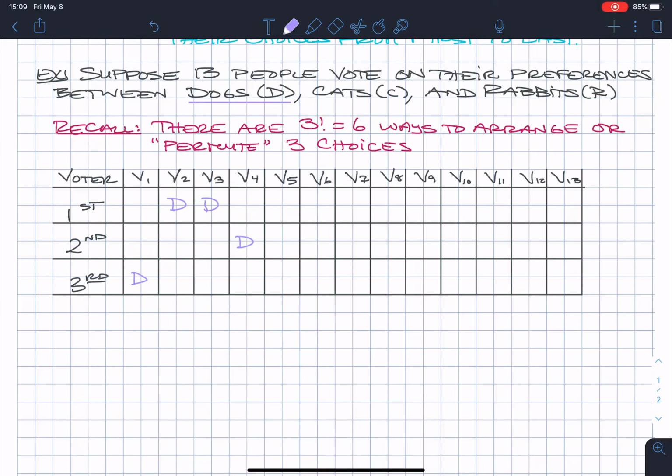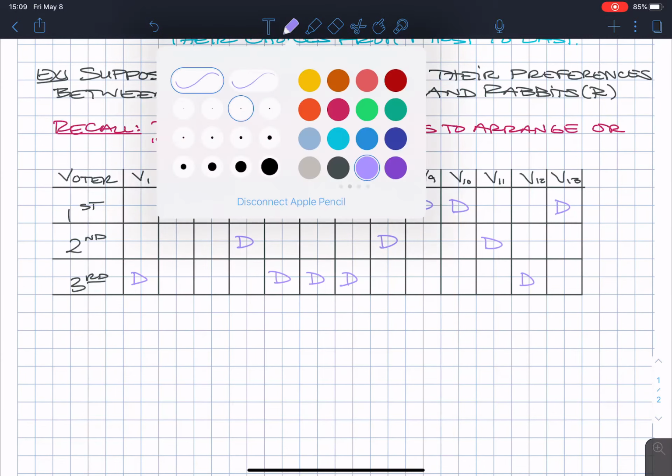For voter 5, dogs is last. For voter 6, last. For voter 7, last. For voter 8, second. For voter 9, first. For voter 10, first. For voter 11, second. For voter 12, last. And for voter 13, dogs is first. So this is how people chose dogs.